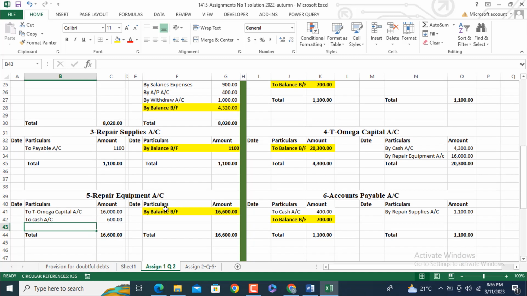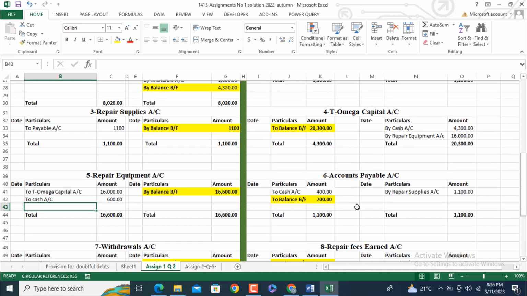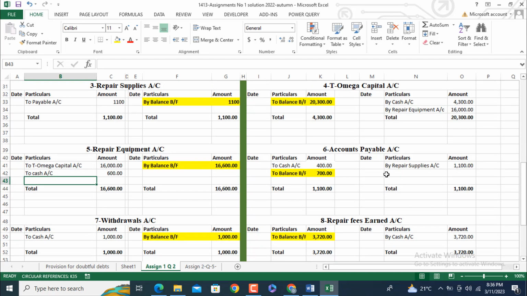We already discussed this one. So now I am going to accounts payable. First we have purchased repair supplies on credit, which is equal to 1,100, and then we make a partial payment equal to 400. So the credit balance in this accounts payable account is rupees 700.